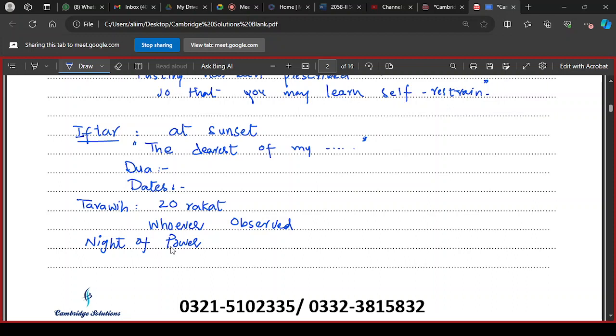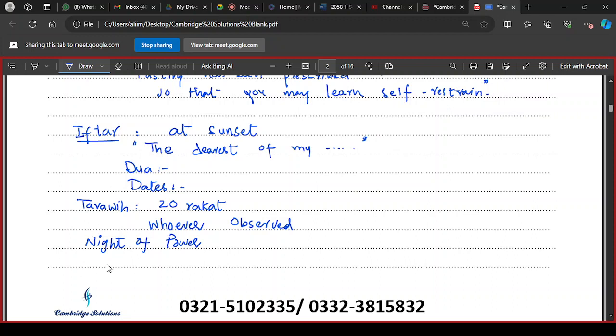I have already told you the hadith, that whoever worships in the night of power with belief and hope of reward, his past sins would be forgiven. So this is a hadith that could be quoted in your answer at different places.